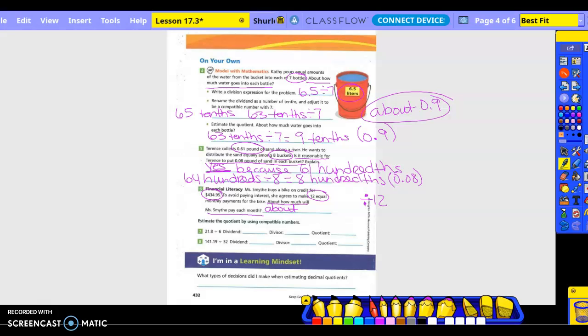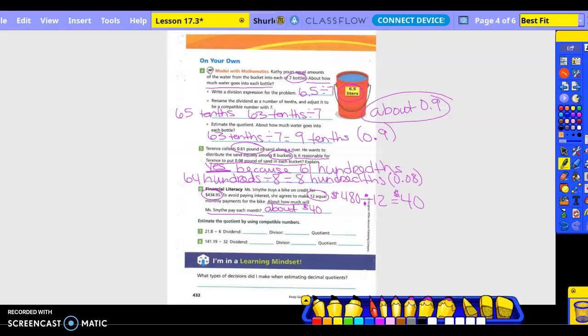Okay, so am I putting 48 or am I putting 480? 480. Okay, so what is 48 divided by 12? 4 and add a 0. So about $40 each month.